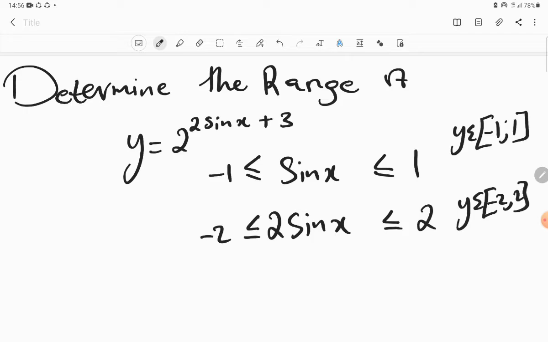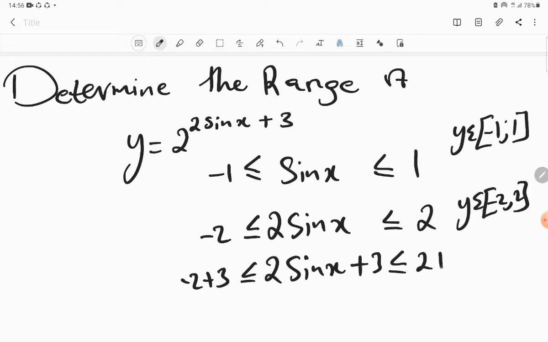So what happens now when there is something added to this trig ratio? Let's say we are having +3. We are going to add these 3 in all these terms. So we're having -2 plus 3 here, then 2 plus 3 here.